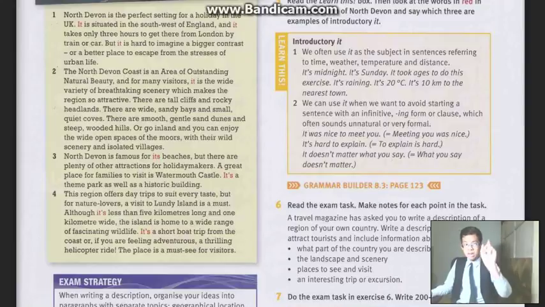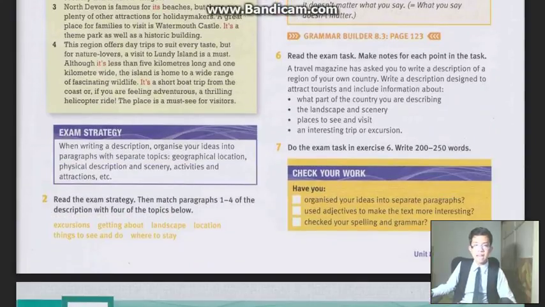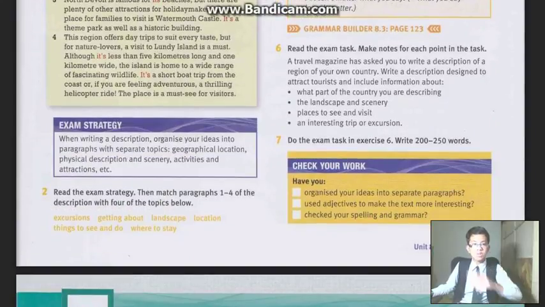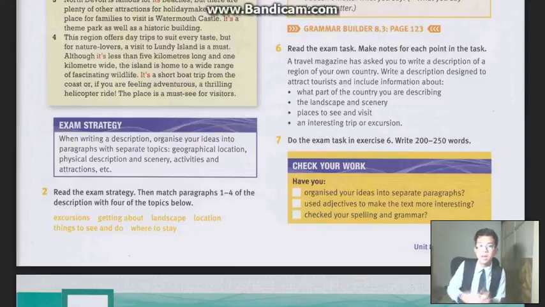So now, we'll take a quick look at the thing we're going to write tonight. Read the exam text. Make notes for each point in the text. A travel magazine asks you to write a description of a region of your own country. Write a description designed to attract tourists.